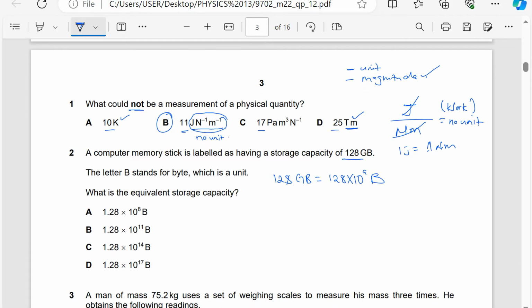We don't have that among the answers, but we can move 2 steps so that we have 1.28 times 10 to the power. Since we have moved 2 steps to the left, this becomes power 11 bytes. This makes our answer automatically B.